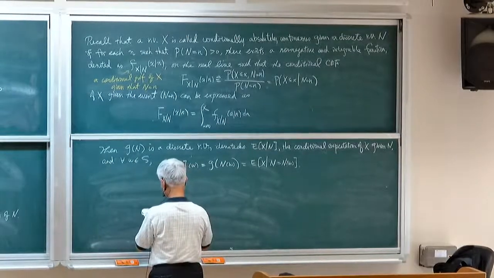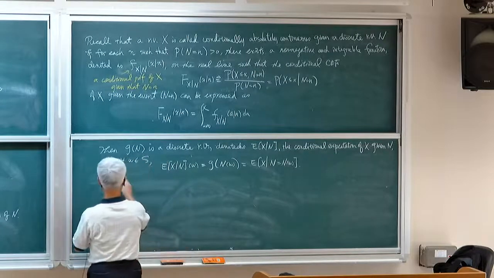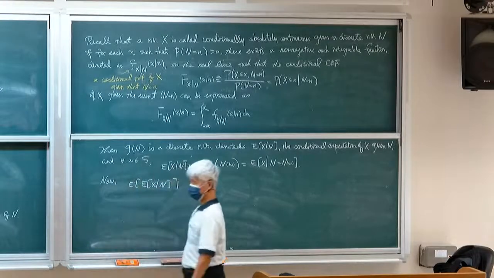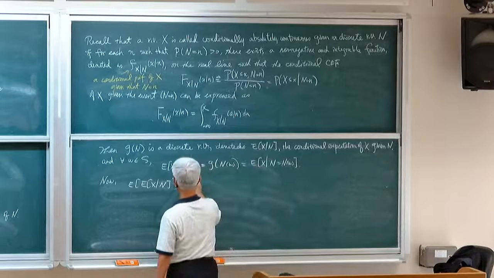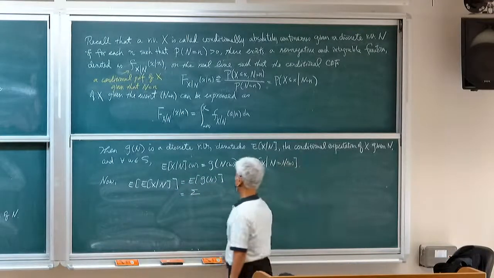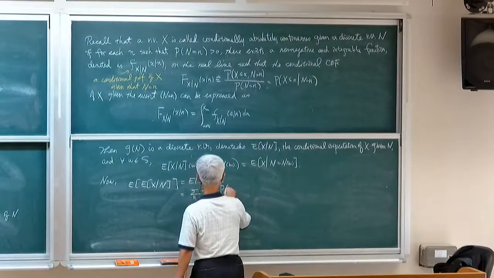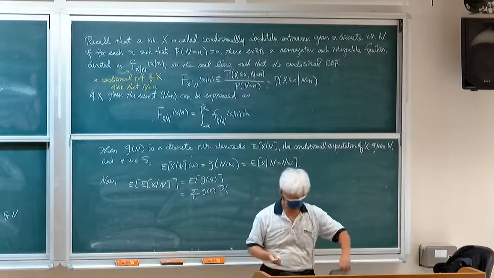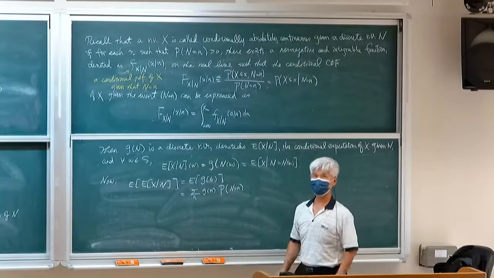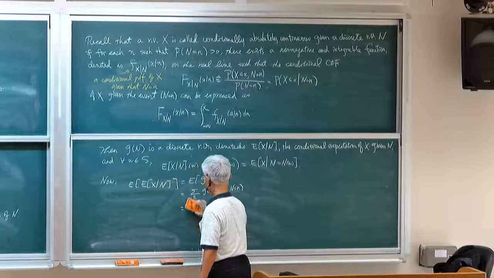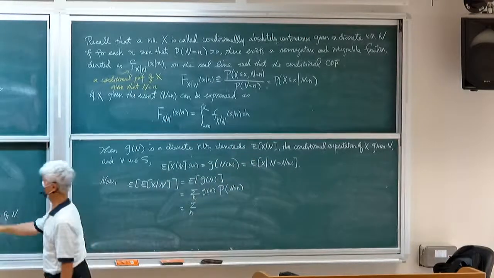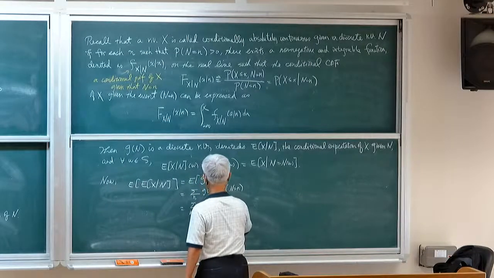Now, the expectation of the conditional expectation of random variable X given random variable N is the expectation of g of N. Because g of N is a function of N, we have g(n) times the probability that N equals n, so it's a function of capital N. And from our definition, this is the conditional expectation of X given capital N equal to n.